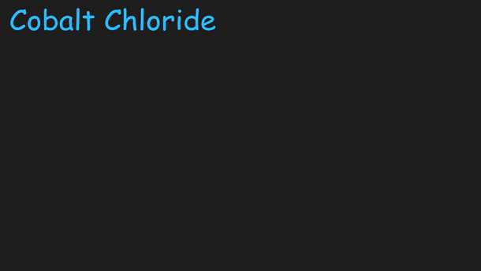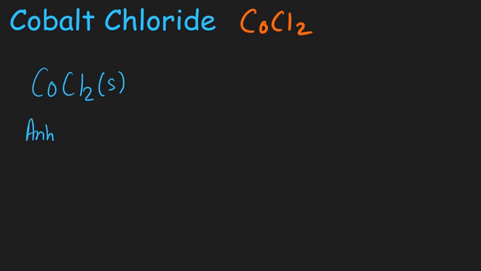Another example of a reversible reaction is that of cobalt chloride. The formula for cobalt chloride is CoCl2. Now when you have the anhydrous cobalt chloride, which is blue in color, suppose I write the anhydrous cobalt chloride here, CoCl2, in the solid form, and anhydrous means it doesn't have water.